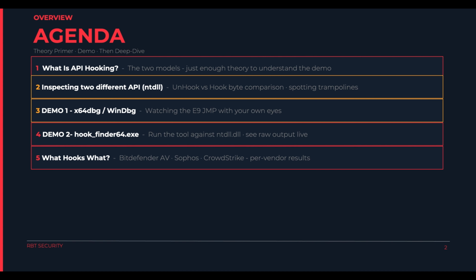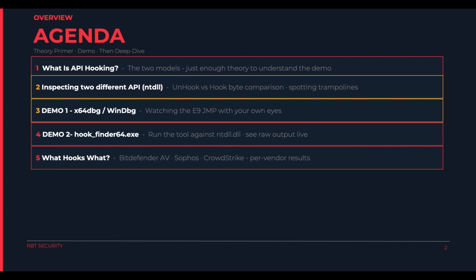The first one is going to be using x64dbg, and the second one is WinDbg, where we will see the E9 jump instruction with our own eyes and the function prologue.